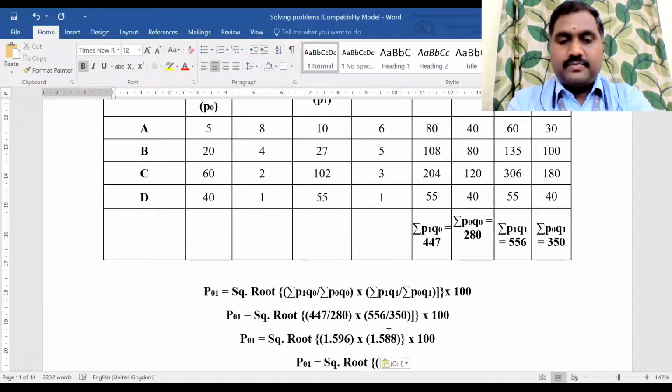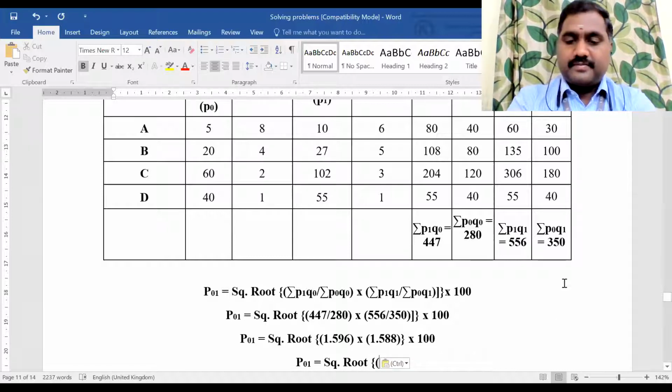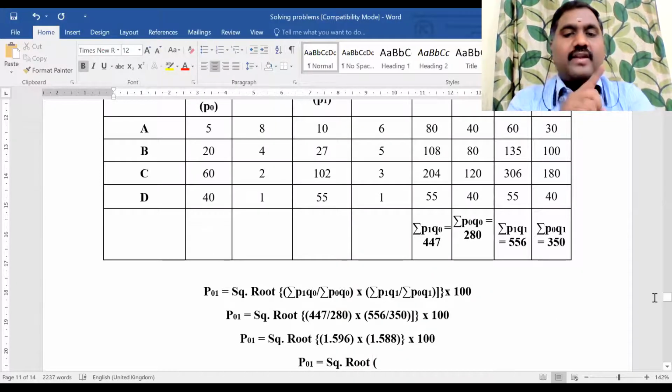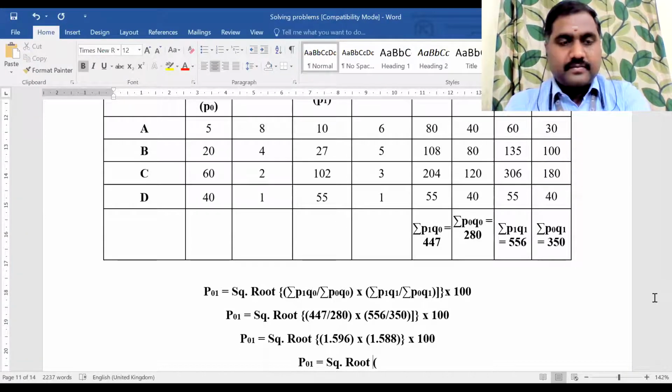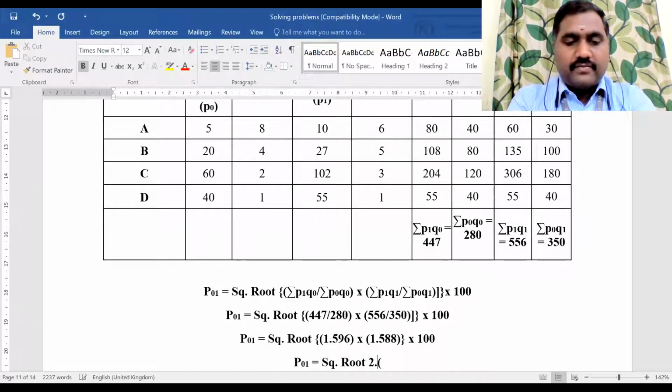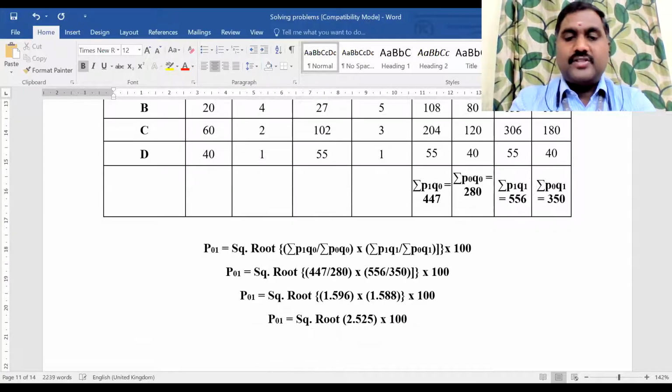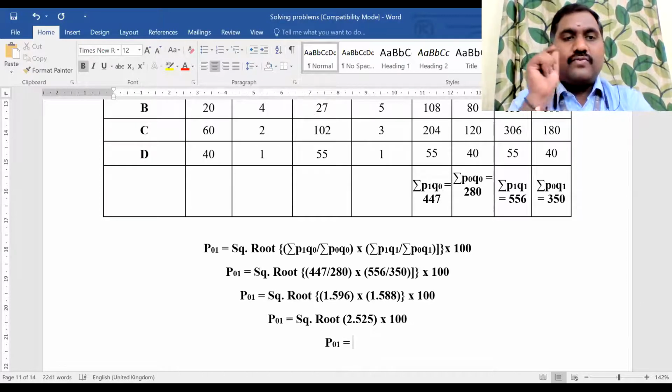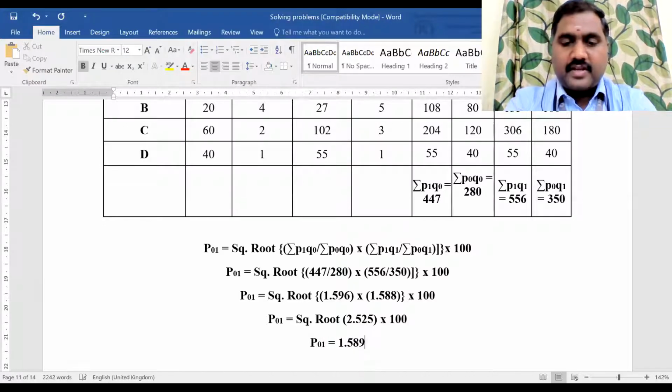Now the square root of 1.596 into 1.588. What value are you getting? 2.525, into 100. Now what is the square root of 2.525? 1.589. 1.589 into 100. So now what will we get?